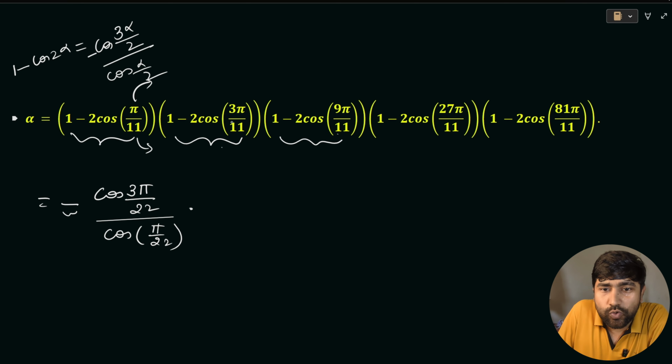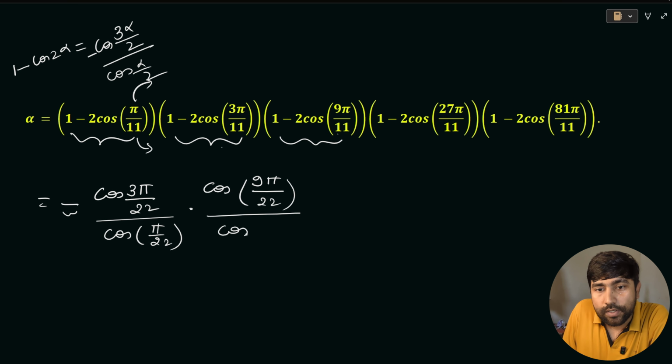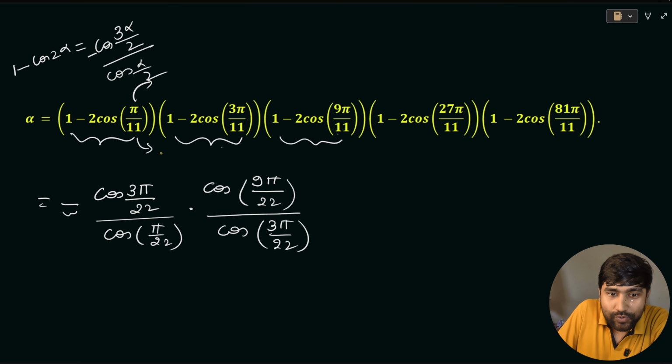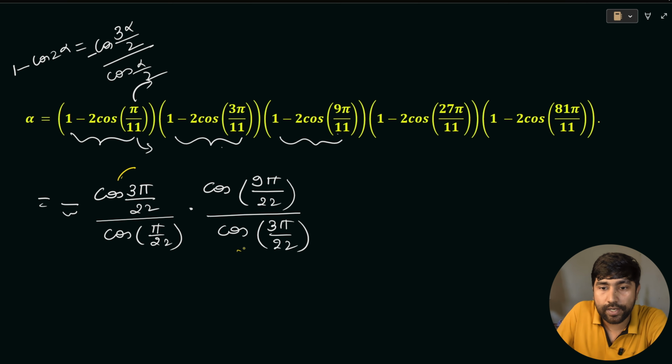So 1 minus 2 cos 3 pi by 11, what can we write? We can write cos 3 times of this, that is 9 pi by 22 upon cos 3 pi by 22. So we are seeing some telescoping pattern here. This pattern is in the numerator and this pattern is in the denominator.